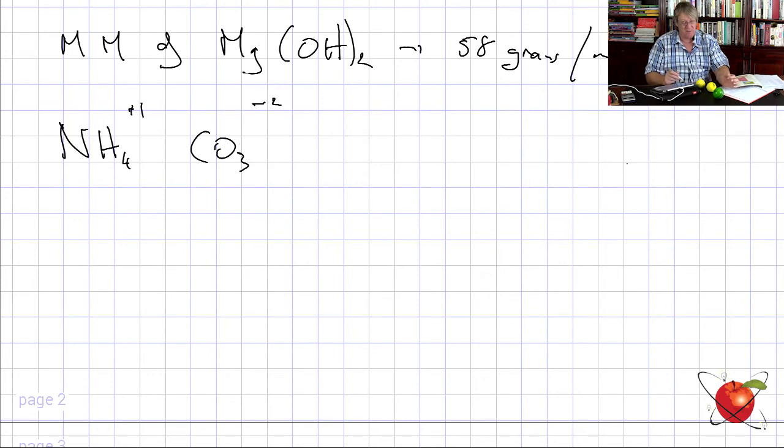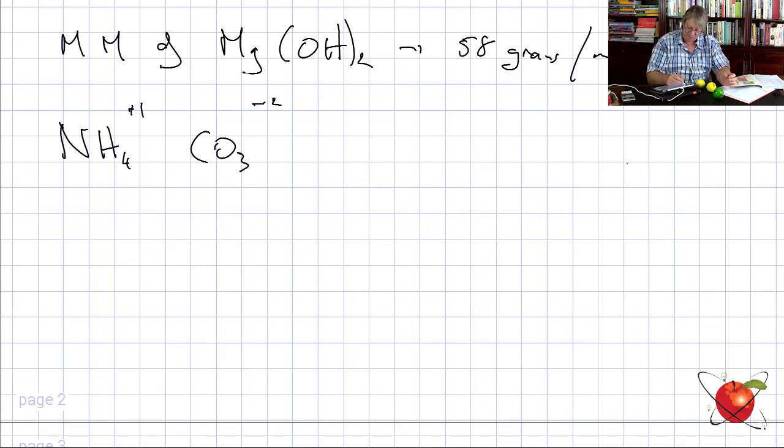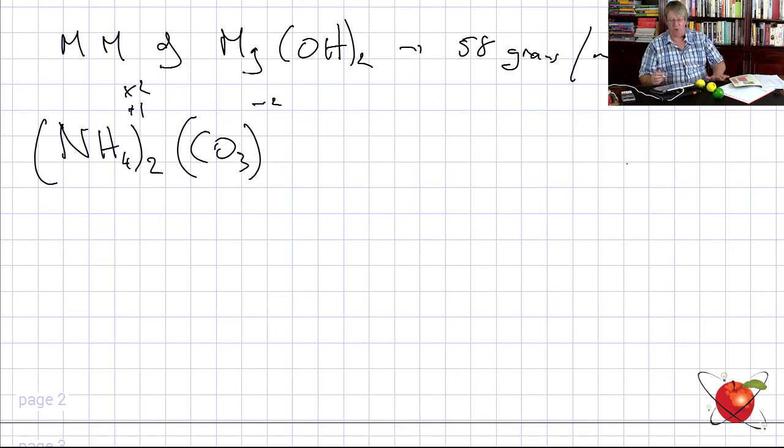If I just put them together like that, it's going to have a charge of +1 -2 equals -1. But ammonium carbonate is a powder. It's a substance that's not charged, right? So therefore, we have to balance it out. Therefore, I have to have 2 of you, okay? And there's my ammonium carbonate.